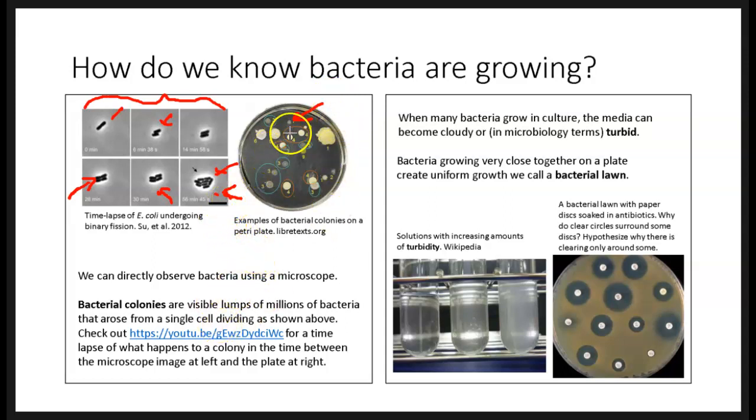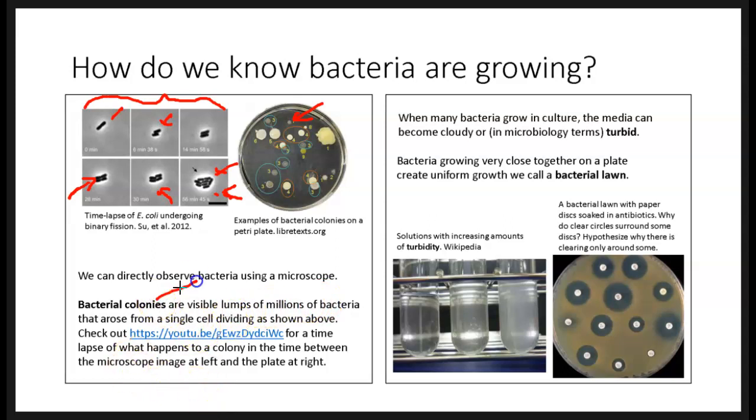Okay. So if we spread some bacteria on a dish and put it in an incubator, the next day what we often see is that we have these tiny little dots, which are masses of bacteria on that plate that arose from one single cell growing and dividing to produce millions of cells that now are so many that we can see them on this petri dish.